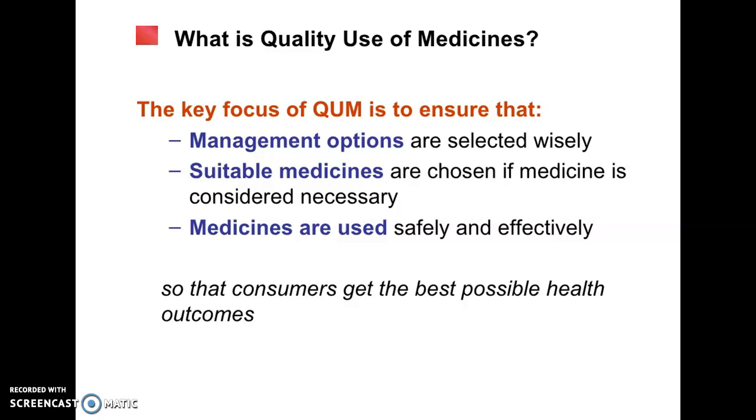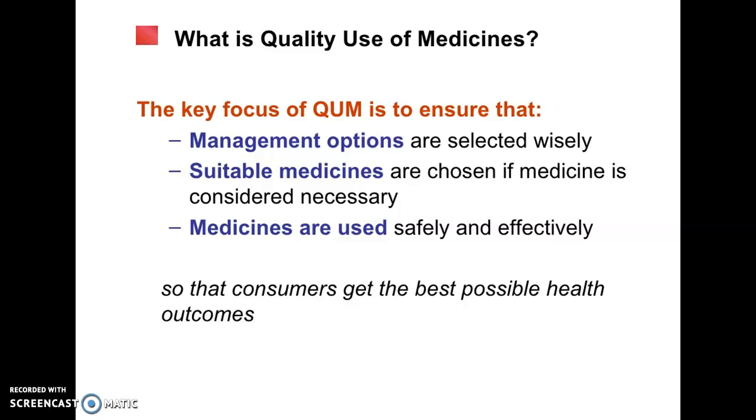In order to ensure this, you can categorize it, like management options, because here management means the key players in medicine usage, either physician, pharmacist or nurse. They will deal with the medication.